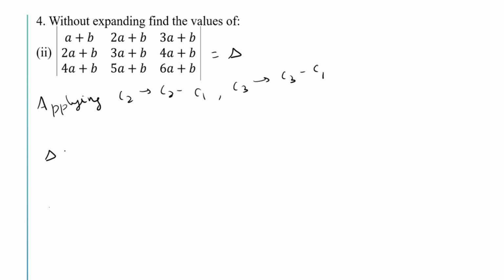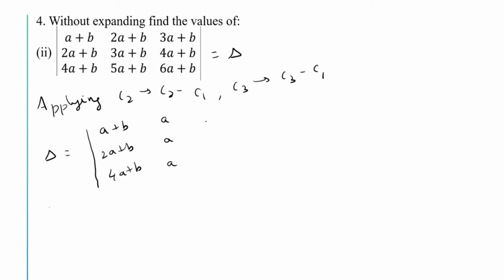So delta is equal to, the first column remains the same: a plus b, 2a plus b and 4a plus b. In the second column we have 2a plus b minus a minus b, so it is a. Then 3a plus b minus 2a minus b, it is again a. Then 5a plus b minus 4a minus b, it is again a.